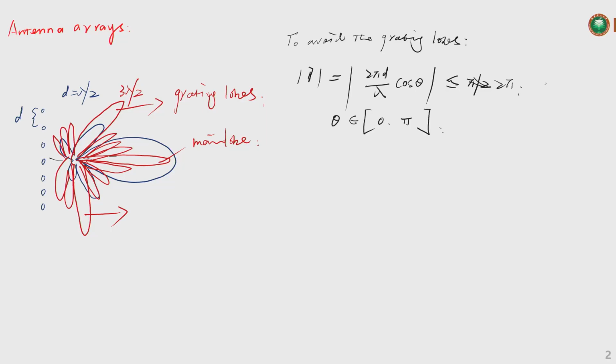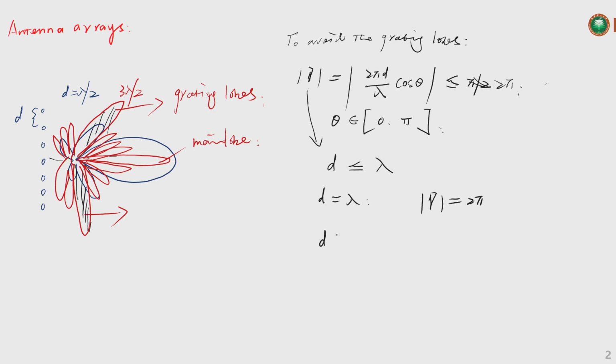So if we want to satisfy this equation, we need to set d smaller than how much? Lambda, so smaller than lambda. When d equals lambda, gamma definitely equals 2 pi, and these two grating lobes exist.